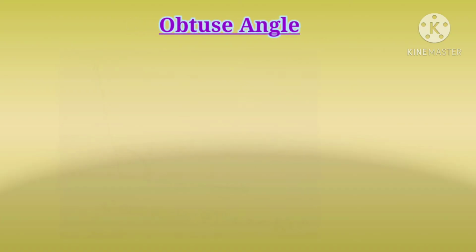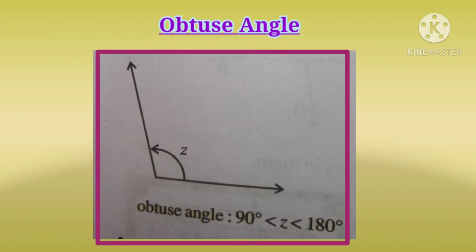The next one is obtuse angle. On the screen you can observe obtuse angle Z. Obtuse angle lies in between 90 degrees and 180 degrees. That means 90 degrees is less than Z is less than 180 degrees.